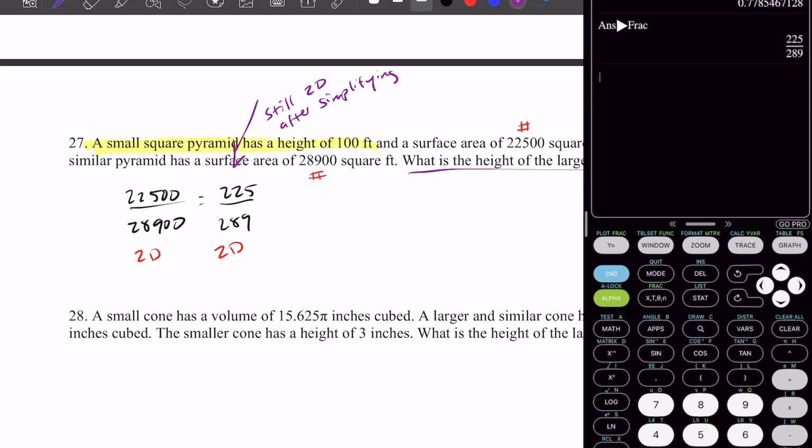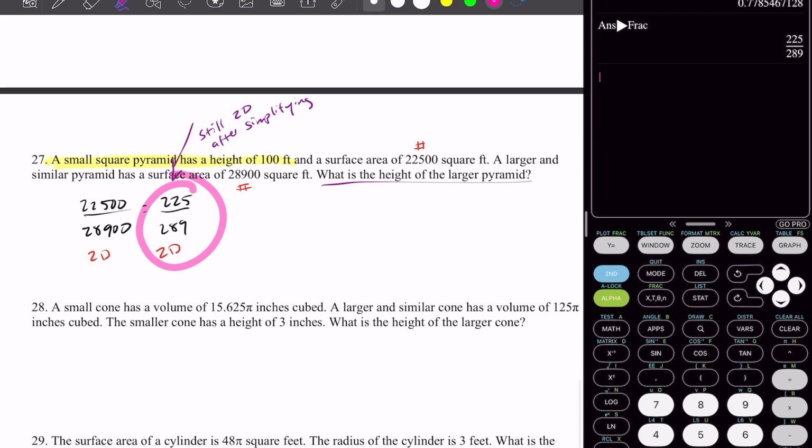Now what we're going to do is take my simplified two-dimensional ratio and make that one-dimensional. Currently I have 225 over 289. It's 2D. So let me take the square root of that, right? Since we square, the inverse is to square root.